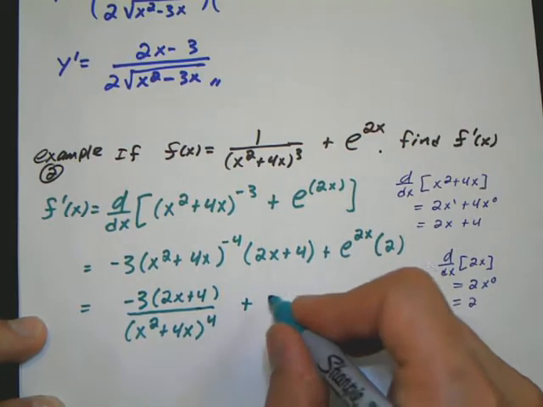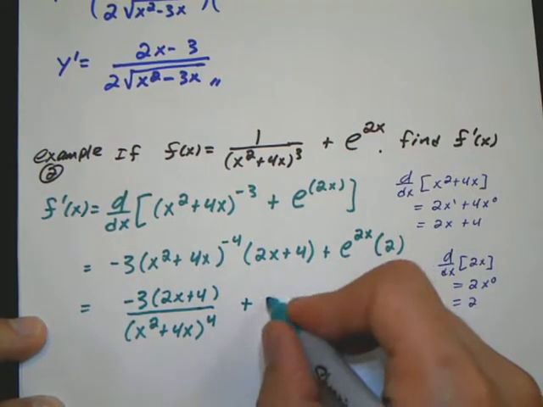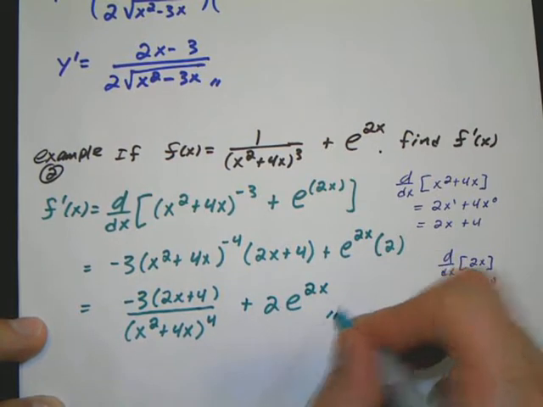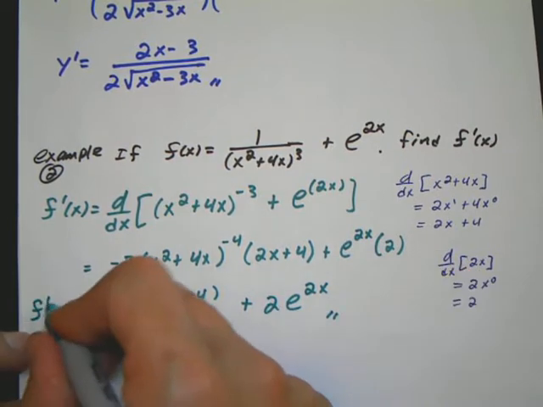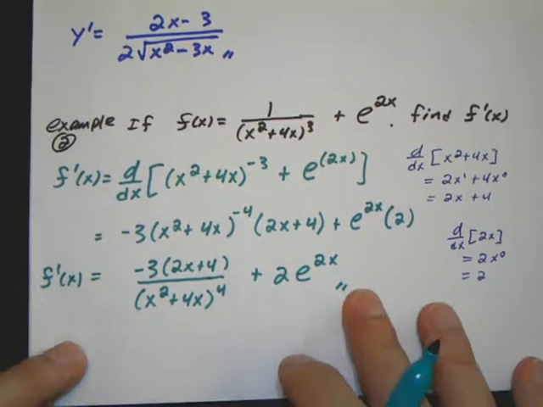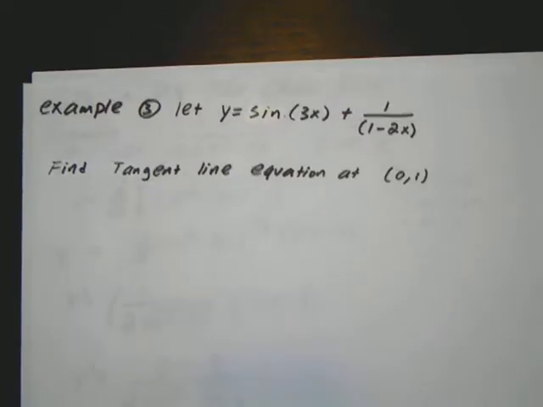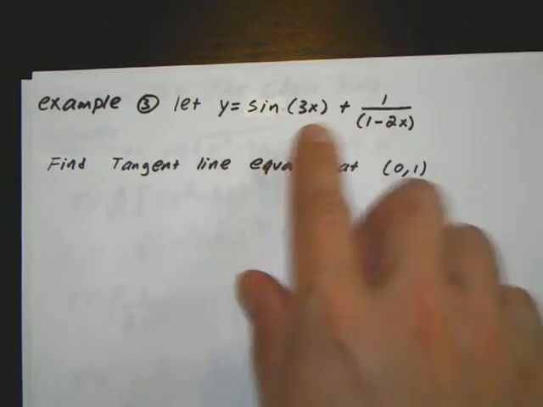Alright, we have one last example. Example 3 is saying let y equal sine of 3x plus 1 over 1 minus 2x. I want to find a tangent line equation at 0 and 1. So the first thing I have to do is find the slope. The way I can find my slope is find out what y prime is equal to.